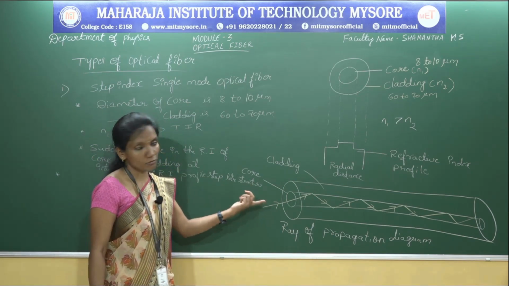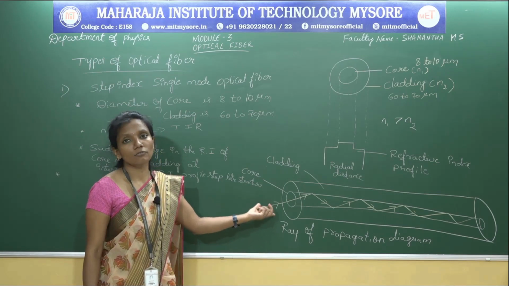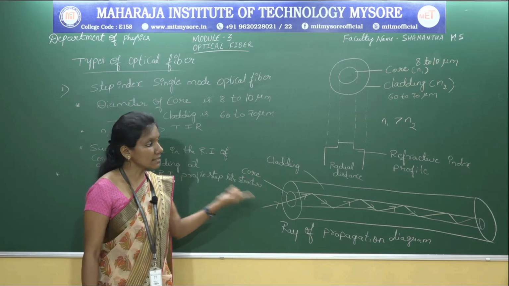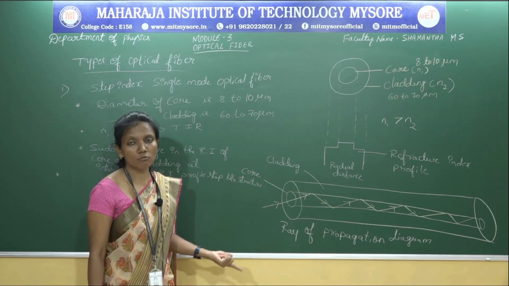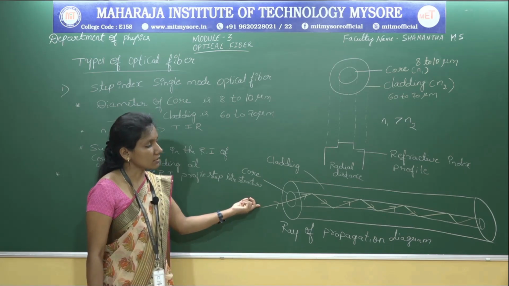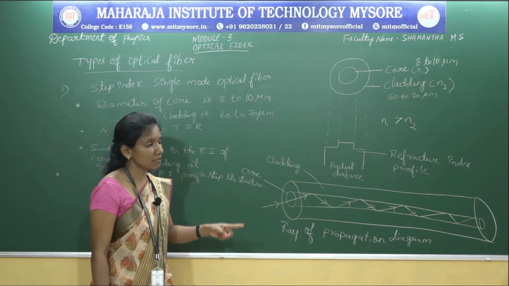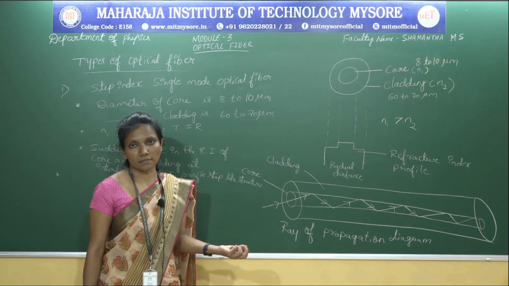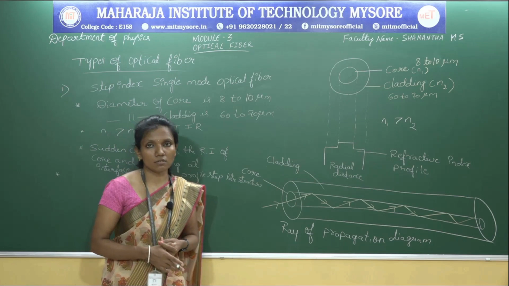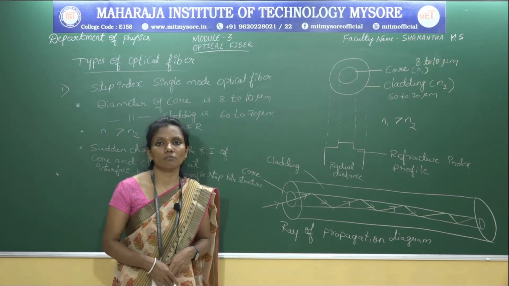80% of this optical fiber is used for telecommunications purposes, and it is also less expensive compared to other optical fibers. That's why 80% of people use this single mode optical fiber.